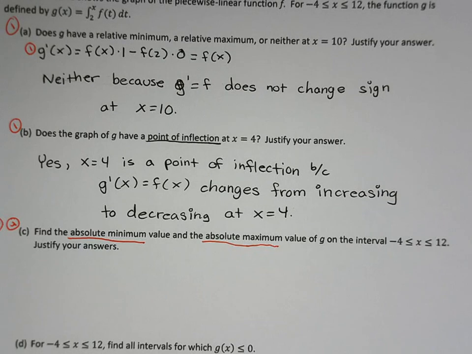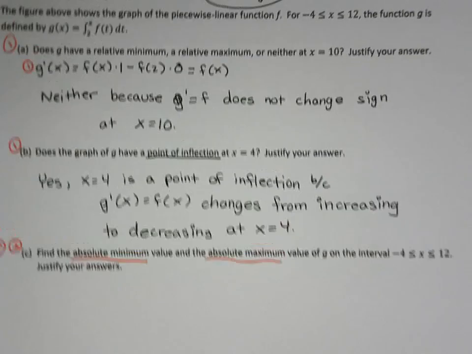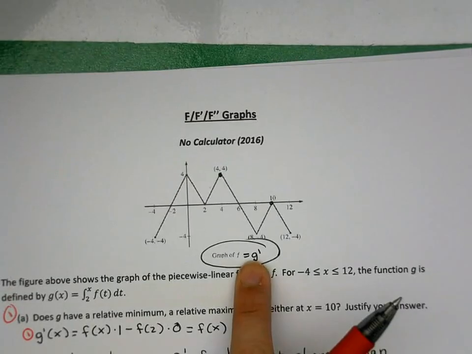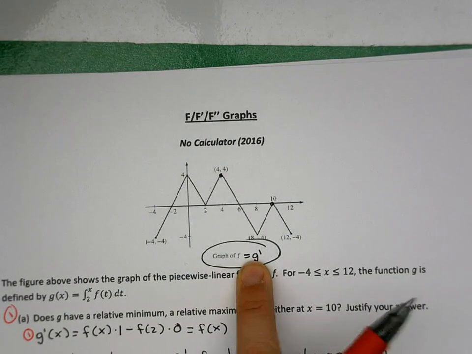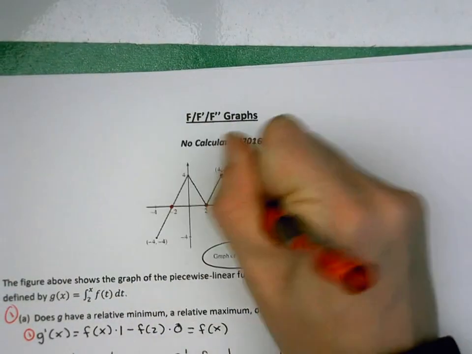The other point came from considering 2 very particular other places. The other place that an absolute maximum or an absolute minimum might occur is when the first derivative equals 0. Well, remember, we're looking at the first derivative graph. And so my first derivative equals 0 at -2, 2, 6, and 10.